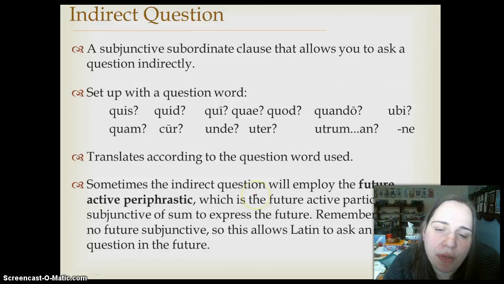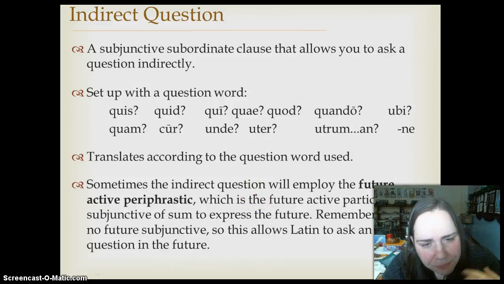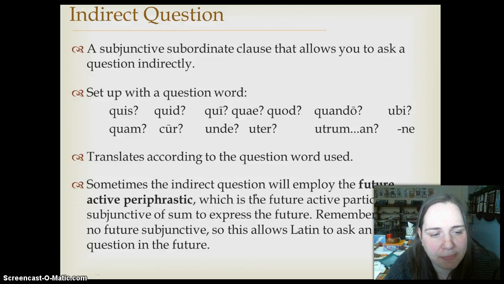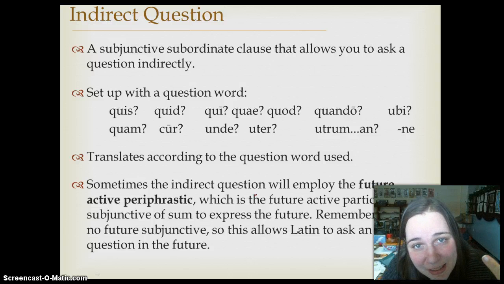Sometimes the indirect question will employ this construction called the future active periphrastic, which is the future active participle plus the present subjunctive of sum, to express the future. So remember, there is no future tense for the subjunctive.